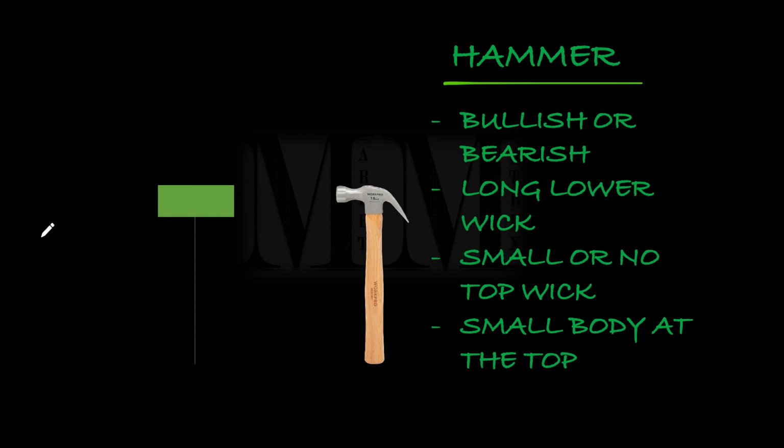Now, first, let's look at the anatomy. It has a long lower wick, and there might be a small wick at the top, or maybe there's none. But you need to know there's a long lower wick, and then there's a small body right up here. And that gives it the hammer look.